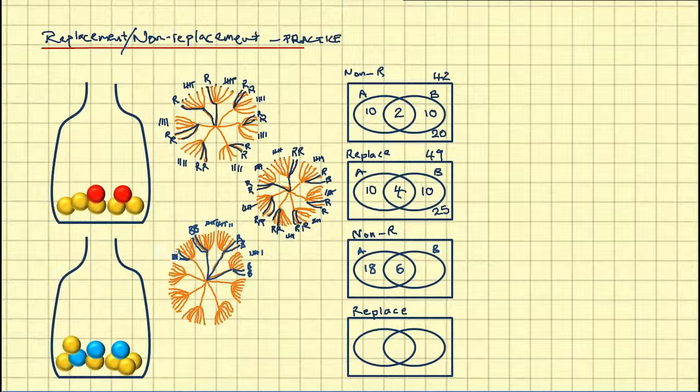So 1, 2, 3, blue, blue, blue, and the same in each of the others.